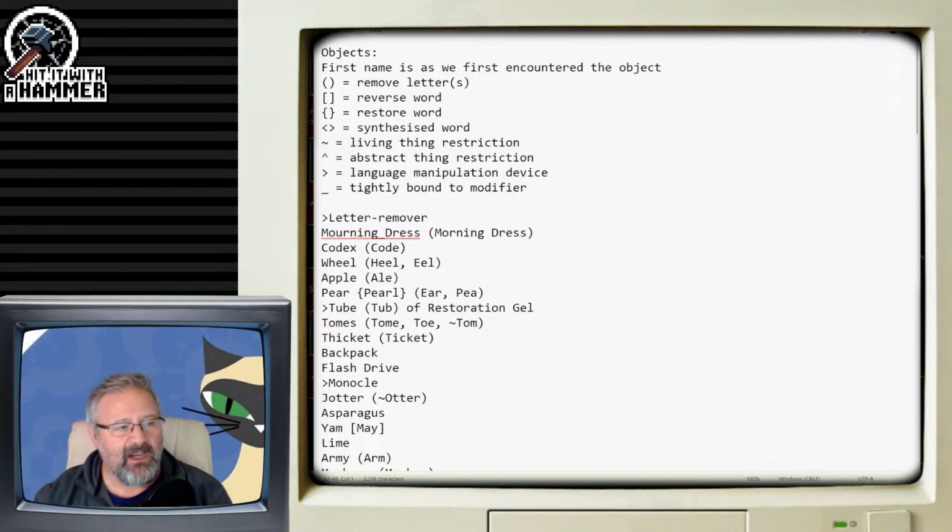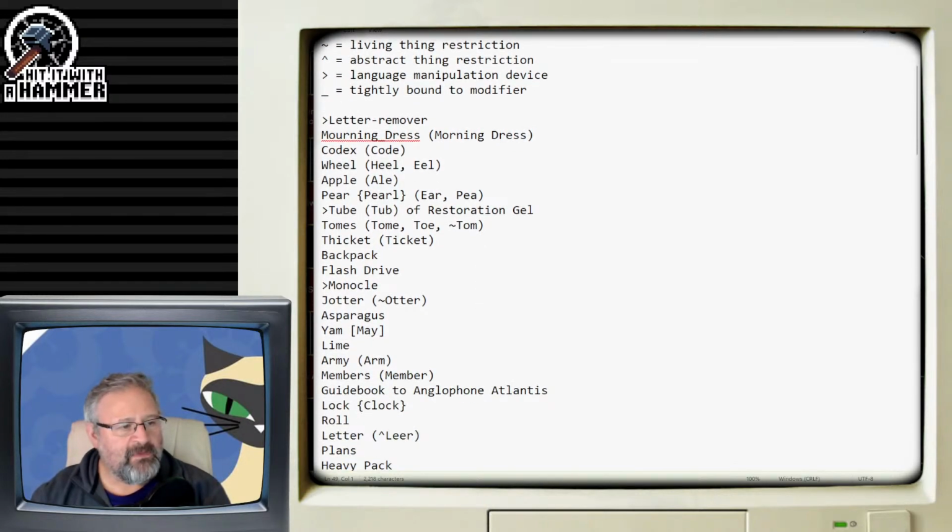Objects connected by underscores are tightly bound to their modifiers, so we can't change just one part of the word without the other. Words in brackets are things that we've changed by removing letters. The ones in square brackets have been reversed. The ones with tildes in front are living things that we can't make yet, at least, but we know about.